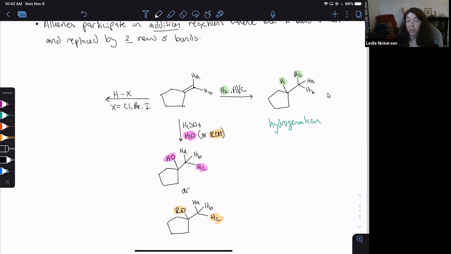Okay, so that's a way of making alcohols out of alkenes or ethers out of alkenes. And then this last one, we've got HX. So in this case, we're going to have an H on one side and our X on the other side.